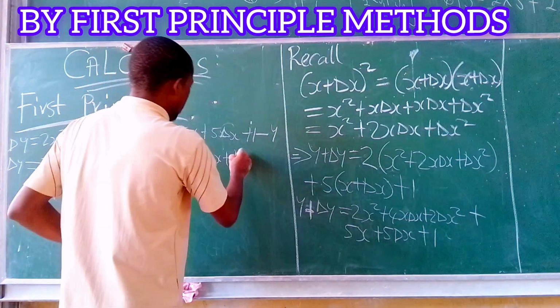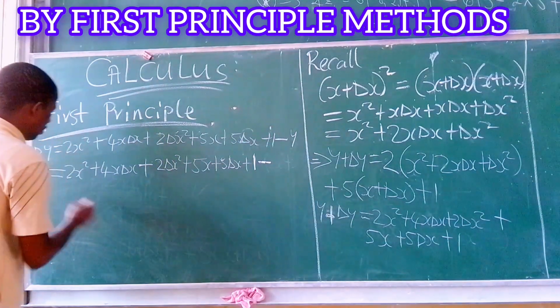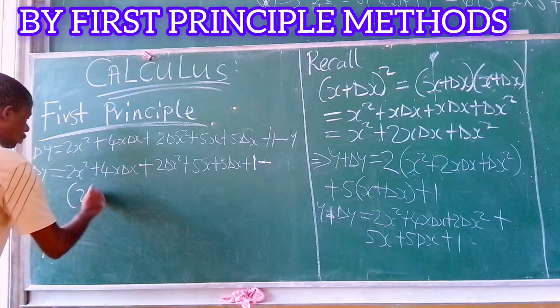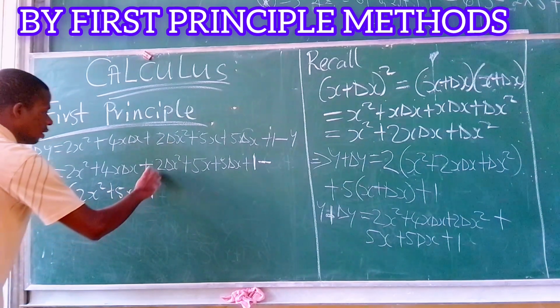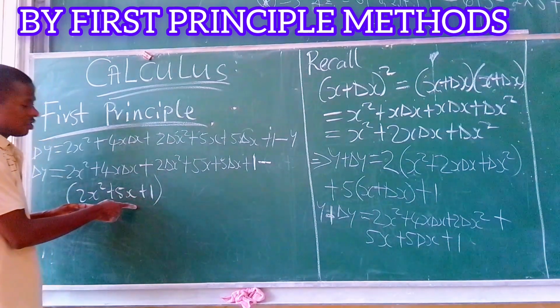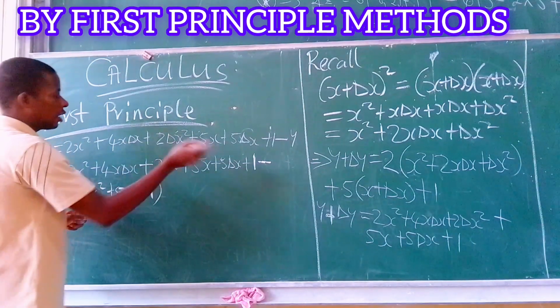Now you know that this is minus our y, and our y initially was 2x squared plus 5x plus 1. So you need to put it in the bracket so that the minus will affect everything in the bracket, so it can be able to cancel out.